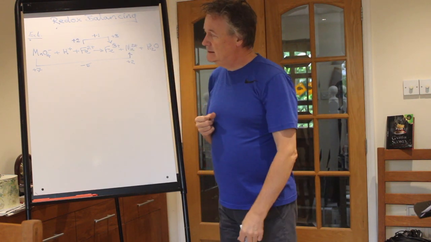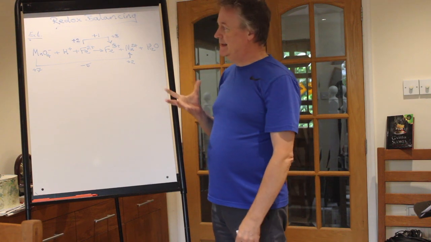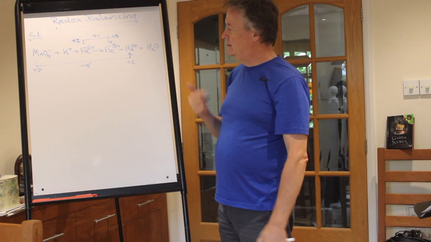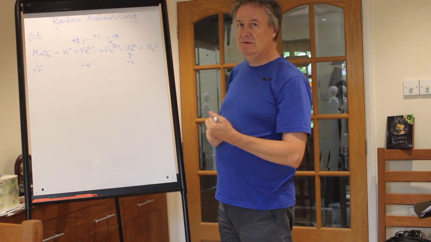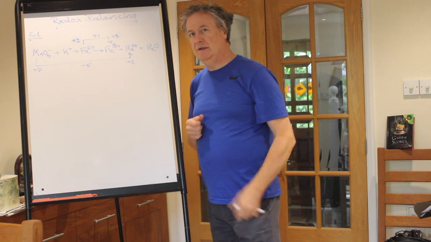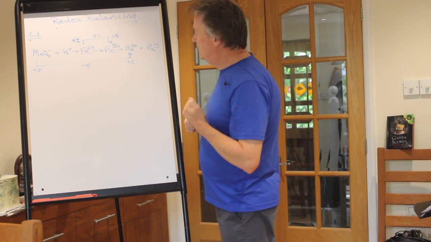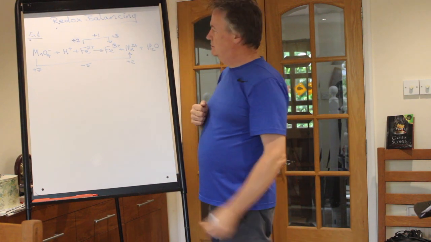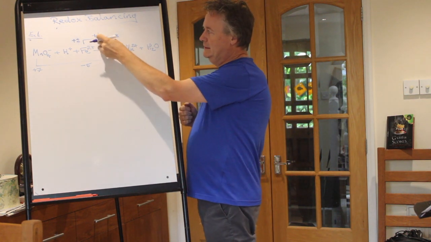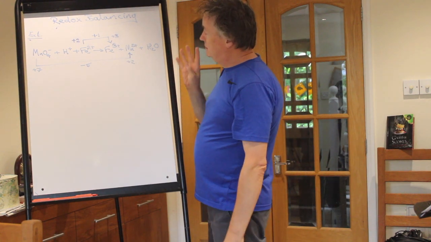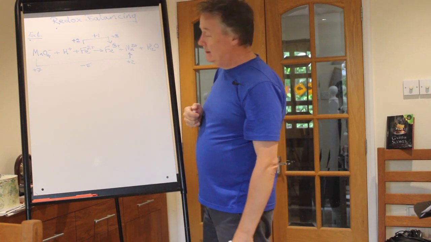Manganate 7 ion over there, manganese in a +7 oxidation state, is reduced by 5 down to +2. So it's quite a long drop. That's why it makes manganate a powerful oxidising agent for a number of other things. Fe2+ is oxidised by a 1, loses another electron in other words, and goes up to 3.